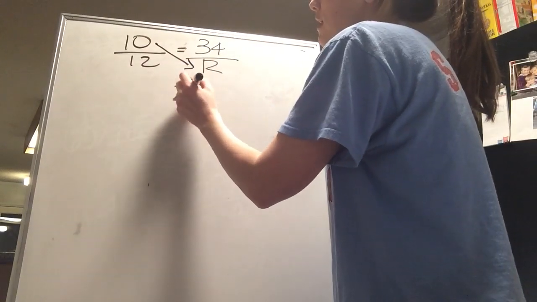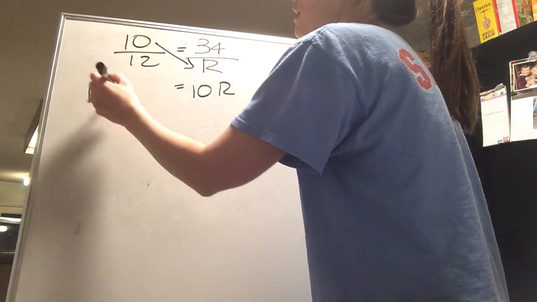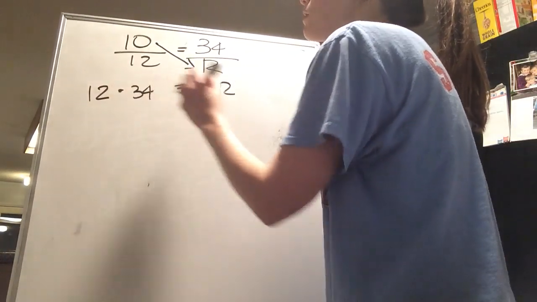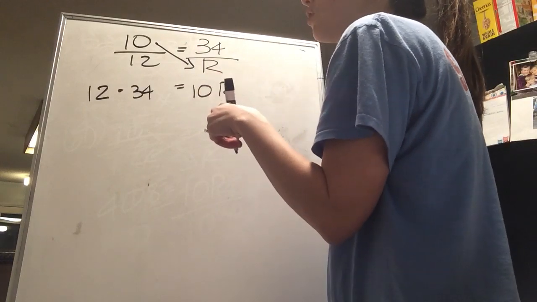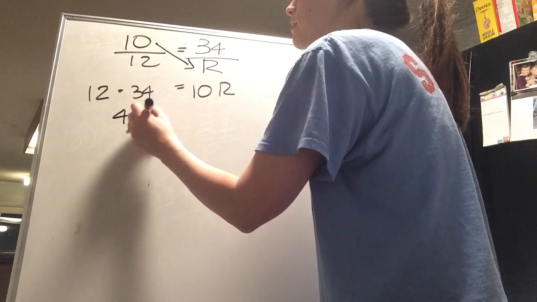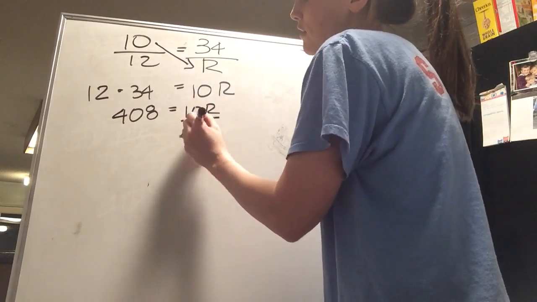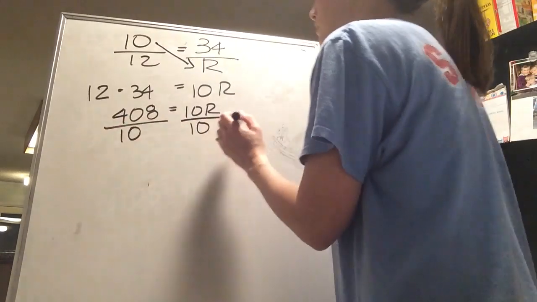So 10 times r is 10r. And then we're going to multiply 12 times 34. Just to be quick for the video's sake, when you multiply that out, it's 408. So it equals 10r. And then to get r by itself, you divide each side by 10.